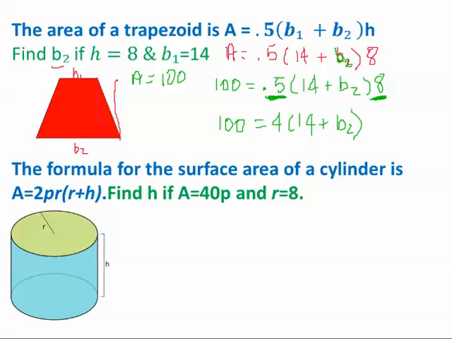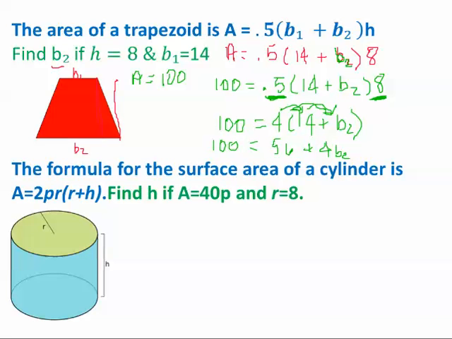So they get multiplied together first, then we can multiply them through this way. So now we have 100 is equal to 4 times 14, and I'm going to go 4 times 14 and get 56, and 4 times B2, plus 4B2. Little b on the bottom just says sub 2.